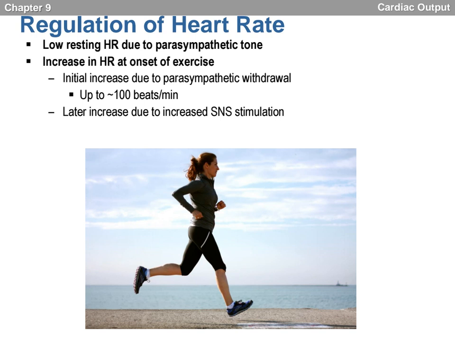As an athlete transitions from a resting state to low-intensity exercise, the first thing that happens is there's a decrease in parasympathetic tone. So when we think about the parasympathetic and sympathetic systems, we often describe it as either fight or flight or rest or digest. During fight or flight, the sympathetic nervous system would be very active, and the parasympathetic system would be much less active.